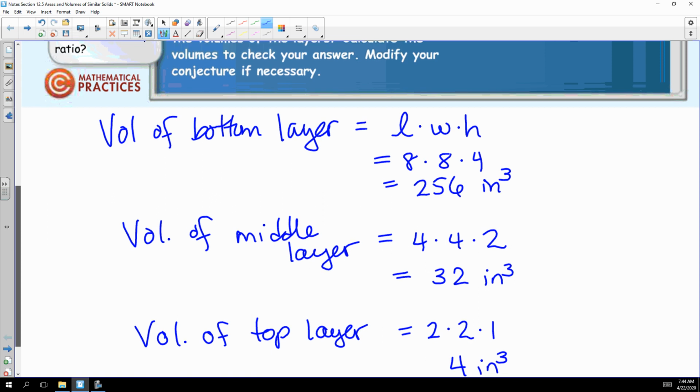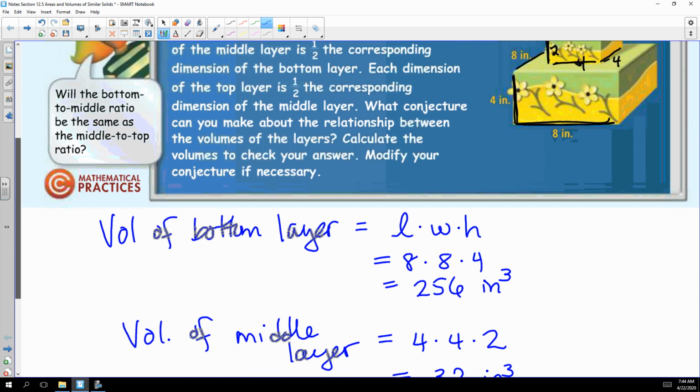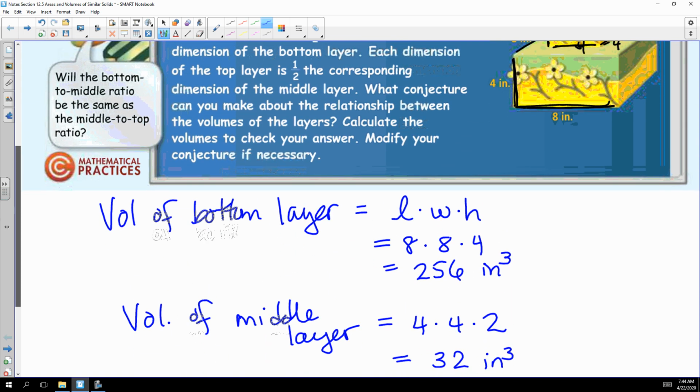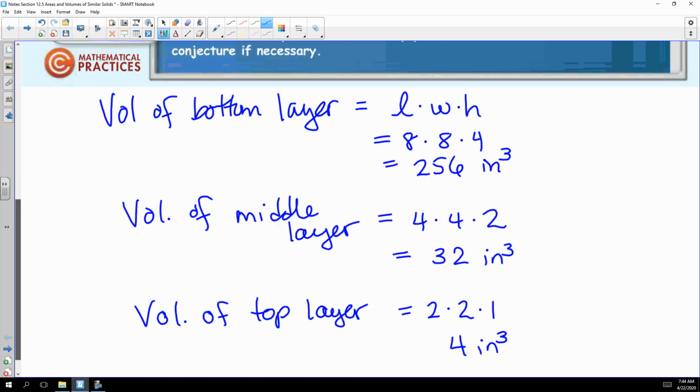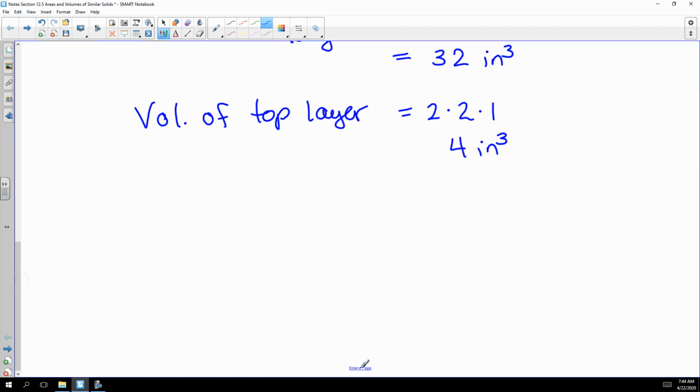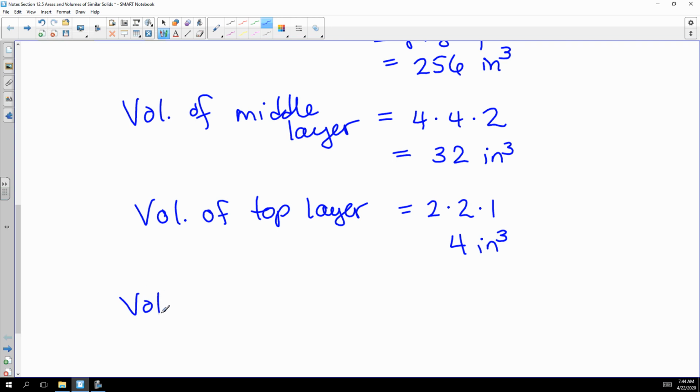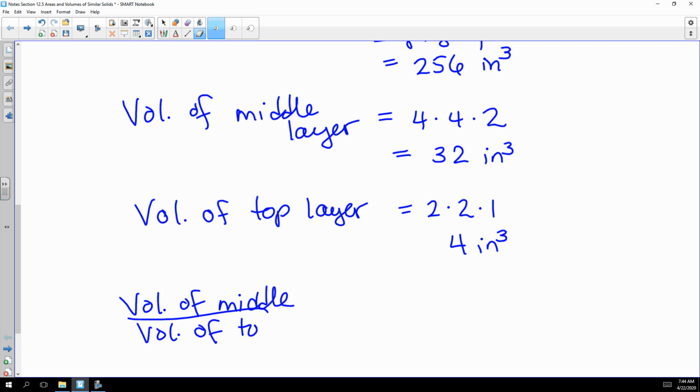So we're trying to see if there's a relationship between these. And we want to make a relationship between the volumes of the layers. So let's see if we can figure out what that may be. Let's compare the volume of the middle layer to the volume of the bottom layer.